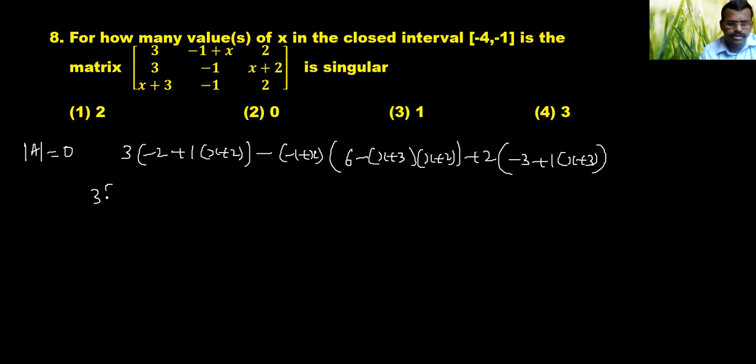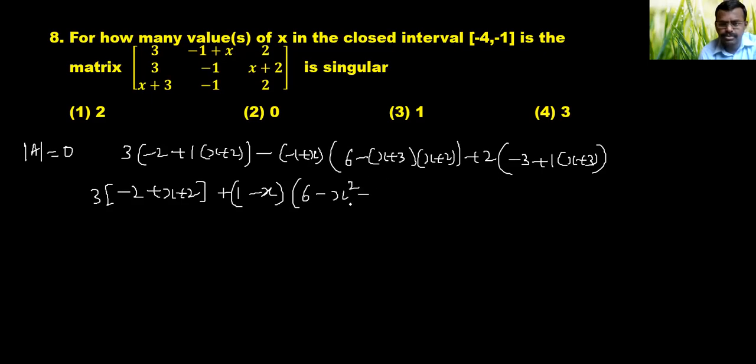So 3 into minus 2, plus x plus 2, minus into minus is plus 1, plus into minus is minus x. So 1 minus x into 6 minus x: x into x is x square, minus x into 2 is minus 2x, minus 3x, minus 6, plus 2 times minus 3 plus x plus 3.